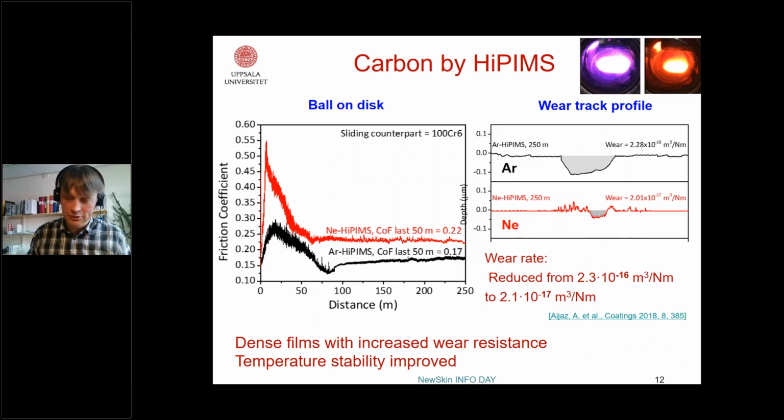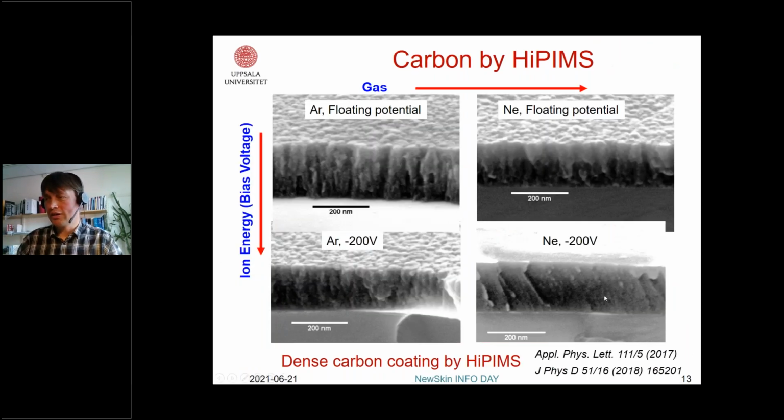I don't have time to go through all these slides in detail, so I will just say that we've done some work on amorphous carbon deposited by HiPIMS, and we could reduce the wear rate of these coatings by about an order of magnitude, because we could make the carbon coatings very dense.